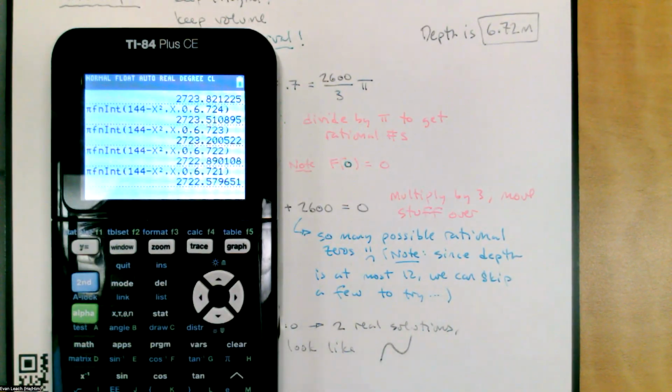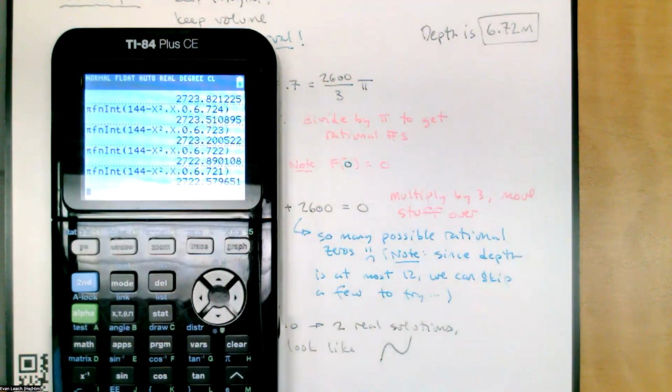And we've got it surrounded again between 6.721 and 6.722, because 6.721 gave us 2722.6 and 6.722 gave us 2722.9. We just need to figure out which one is closer because we've got it surrounded. If we need more digits, we just do this again. Any questions?